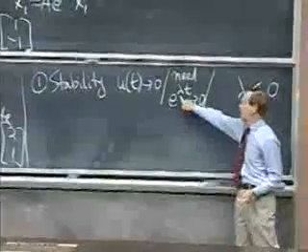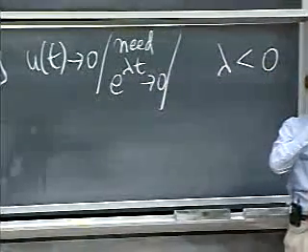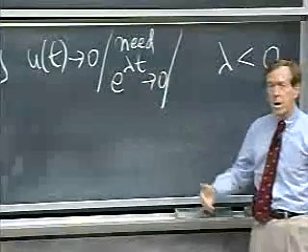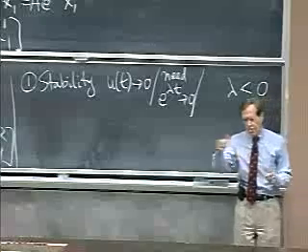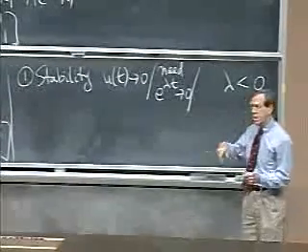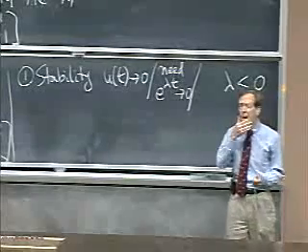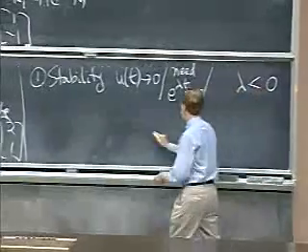But suppose lambda is a complex number, then what's the test? What if lambda is negative plus an imaginary part? Say lambda is -3 plus 6i. What happens then?